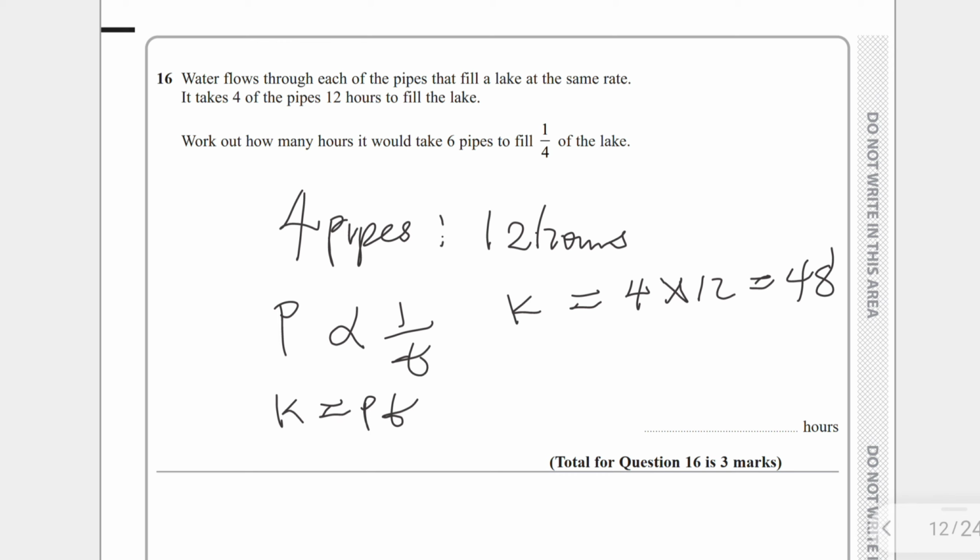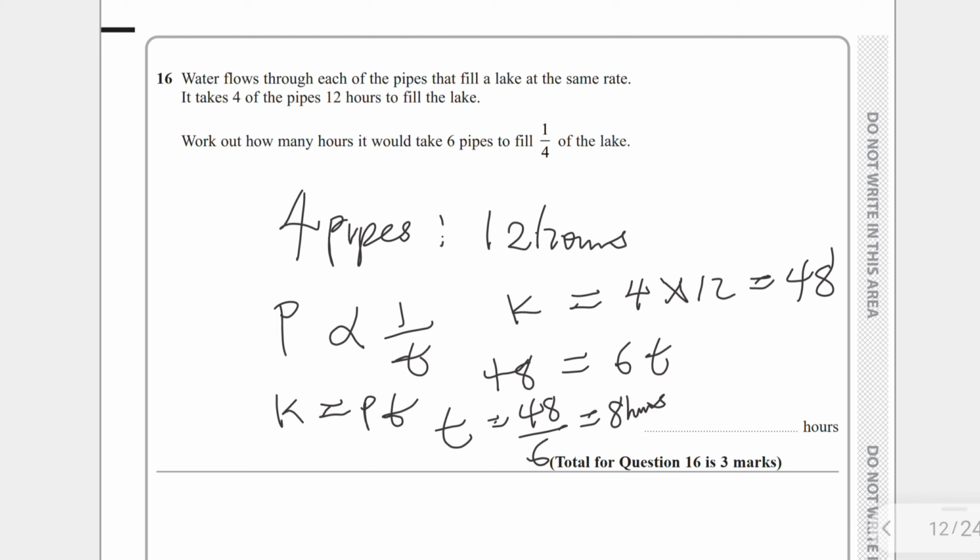So first of all, how long will it take 6 pipes to fill the lake? So the constant 48 will be equal to 6t, right? And t is going to be 48 divided by 6, which is equal to 8 hours, right?